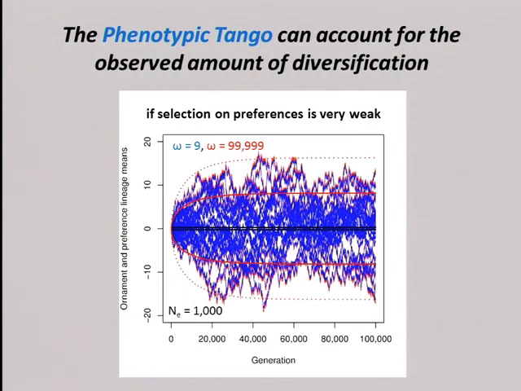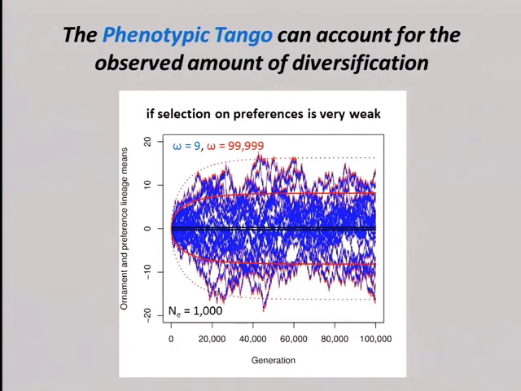What I'm showing you is that with these parameter combinations, strong preference, strong stabilizing selection on the ornament, very weak selection on the preference, and a small effective population size of 1,000, if we look at the replicate lineages evolving over 100,000 generations, we see the populations evolving out to about plus or minus 15 phenotypic standard deviations.